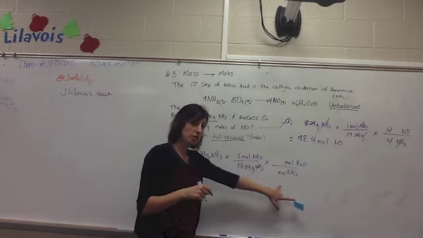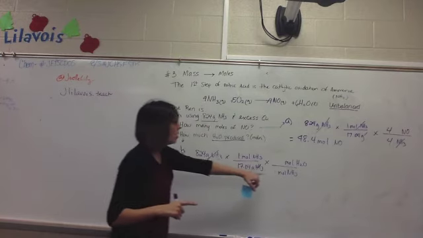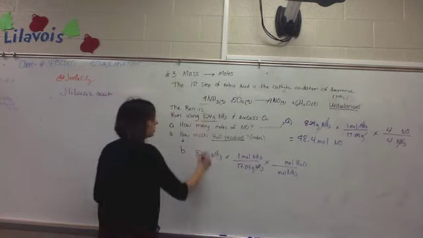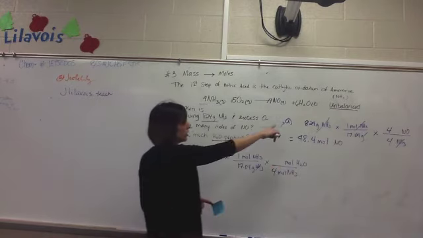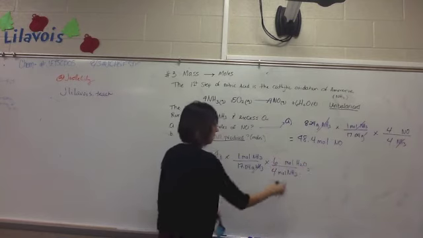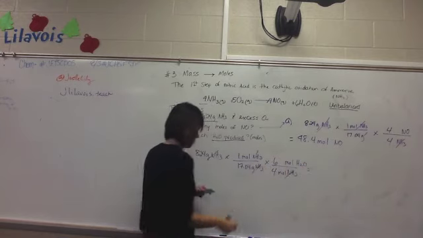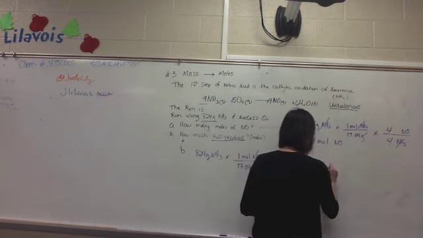Remember, at this step, you look at your coefficients in your balanced equation. We had moles of NH3, which is right here, so that is 4. Now we find water, and if you notice here, my coefficient is 6. When I cross cancel and do the math, my numbers come up to 72.5 moles of water.